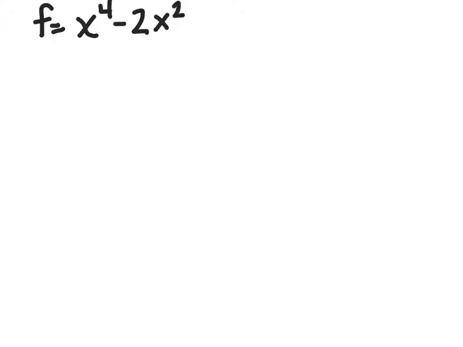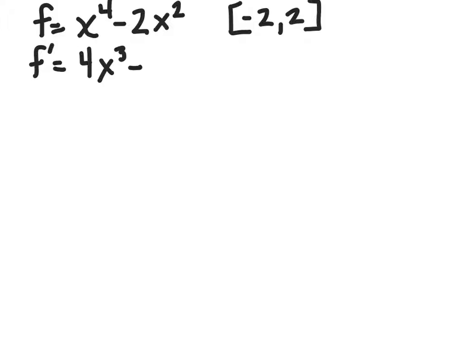What if we had the function x to the fourth minus 2x squared, and we set this function within the interval of -2, 2? If I were to take the derivative of the function, I would get 4x cubed minus 4x. And then if I were to factor it the way we did with the previous one, I would get this product.